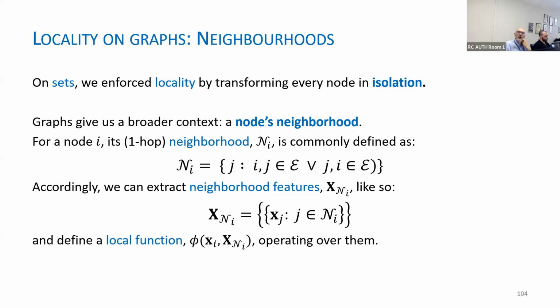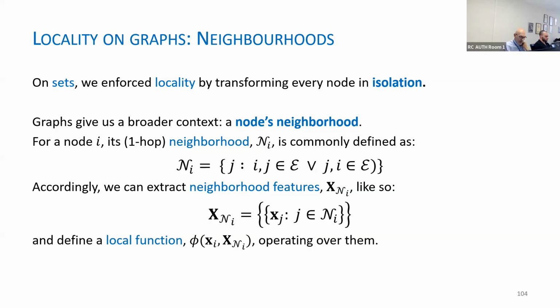Then we can also have some features associated to the nodes in this set. And then we can define a local function, this phi, that operates on this local neighborhood.